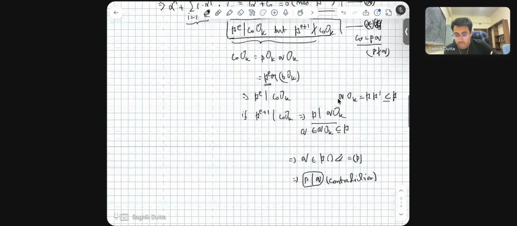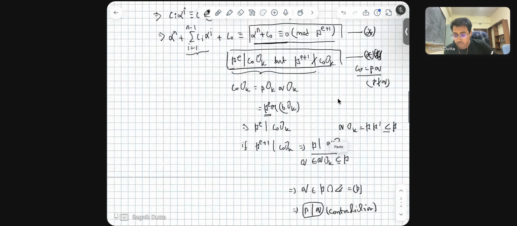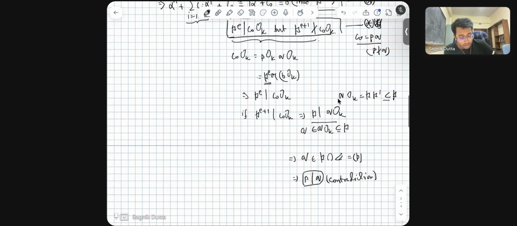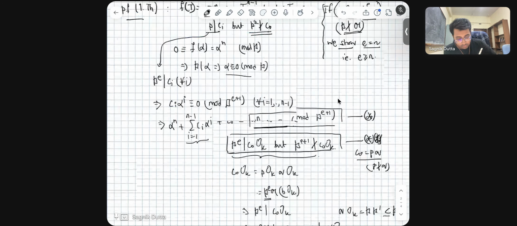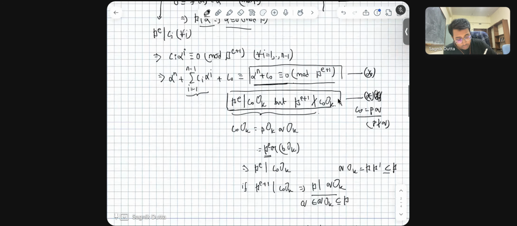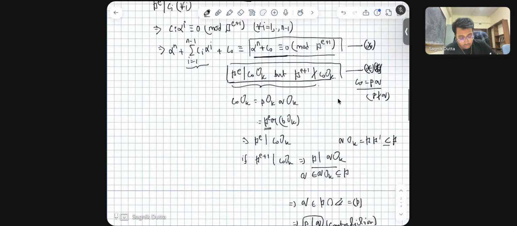So what you can say is, now alpha is divisible by P, right? We did it before. So if you view this equation, P to the N divides alpha to the N. So let's write alpha to the N plus C naught as P to the E plus 1 times P dash.